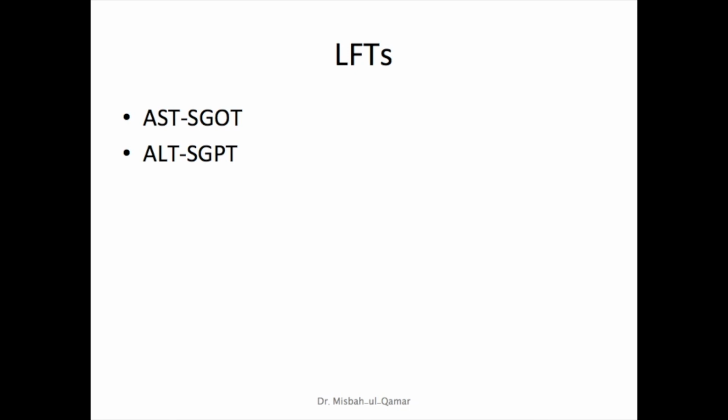Now, its level is increased in extrahepatic and intrahepatic biliary obstruction, and it is an early sign of cholestatic liver damage, which is caused by drugs. High values of alkaline phosphatase also occur in osteoblastic diseases of bones such as rickets.